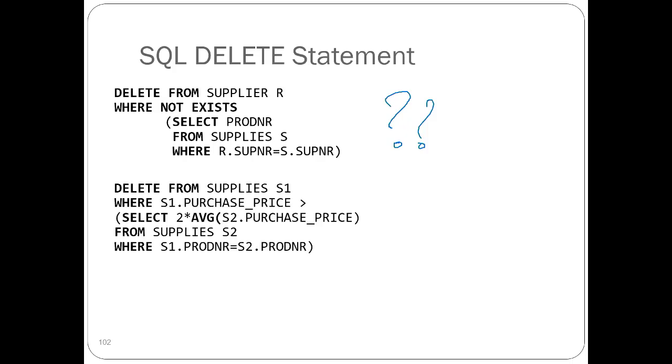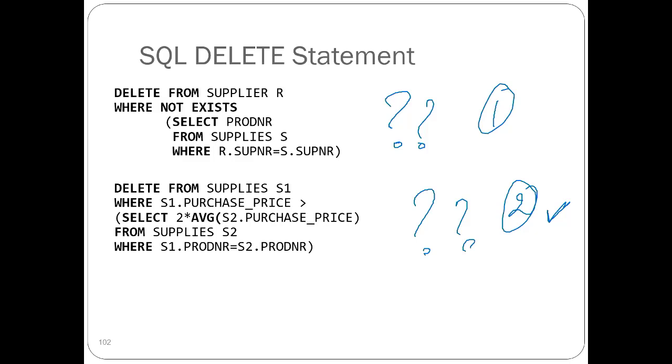How about the next query, right? Pricey suppliers, right? And how do we determine whether they are pricey or not? Very good, right? By checking whether their purchase price is twice the average. That's our criteria. Delete from supplies S1 where S1 dot purchase price is greater than what?